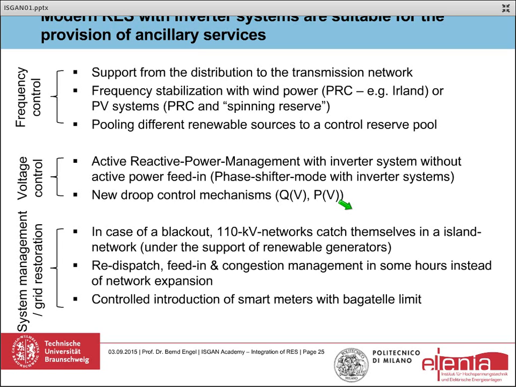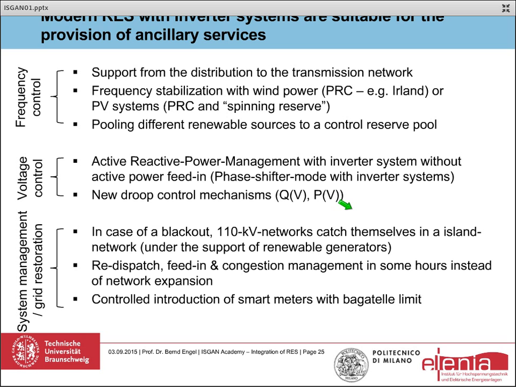The frequency stabilization with wind power can be done like in Ireland or by PV systems. The question is how different renewable energy sources can be pooled to a control reserve pool which can contribute to the markets.